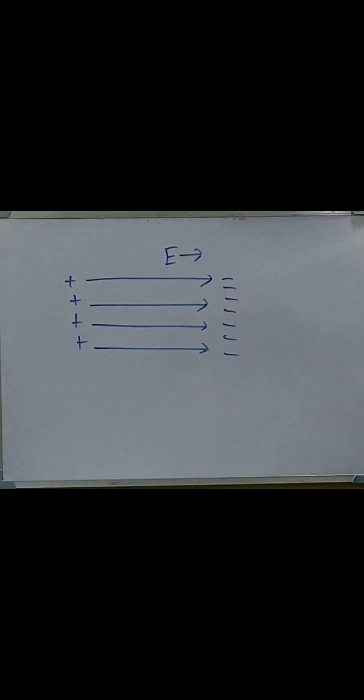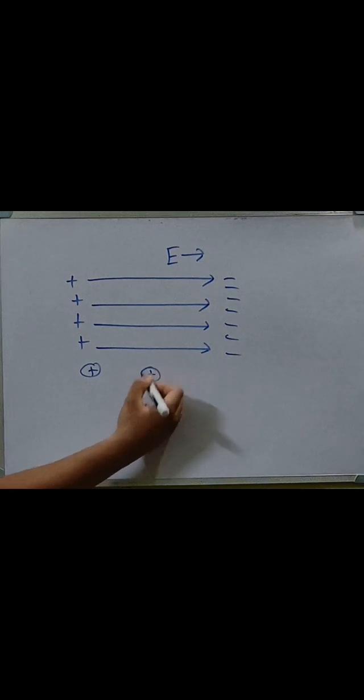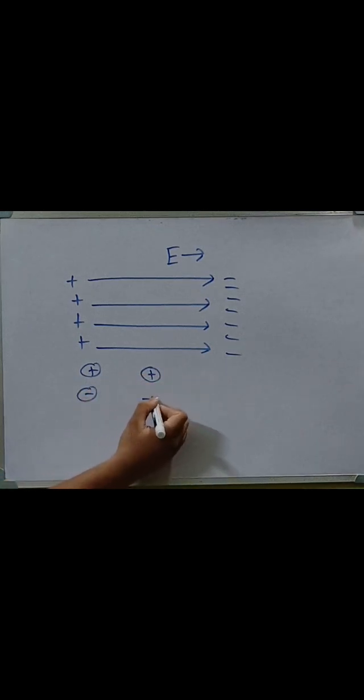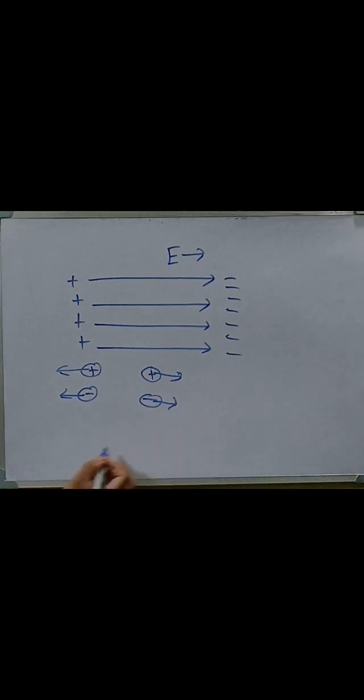Okay, so now tell me a very simple question: if I keep a positive charge and a positive charge, or a negative charge and a negative charge, then what will happen? If I keep like charges together, it's obvious that they will repel each other. If I keep unlike charges, a positive charge and a negative charge together, then they will attract each other.